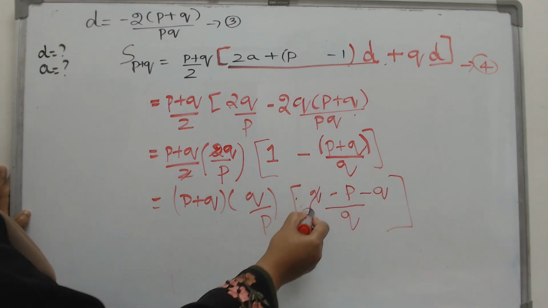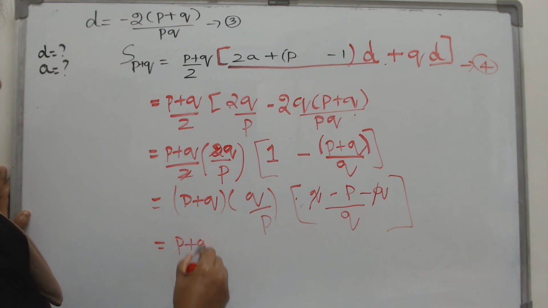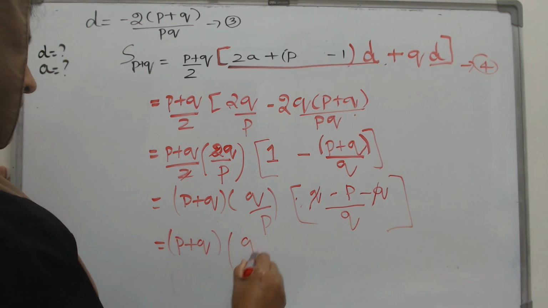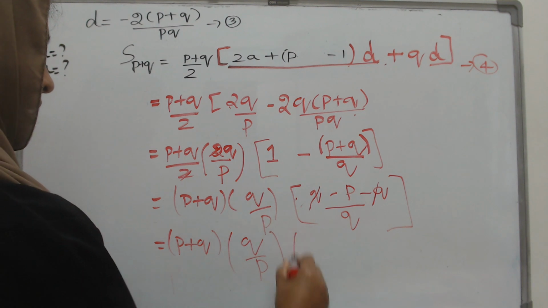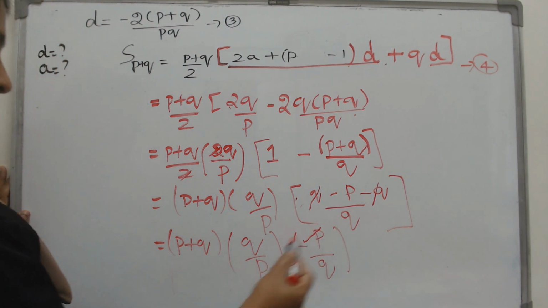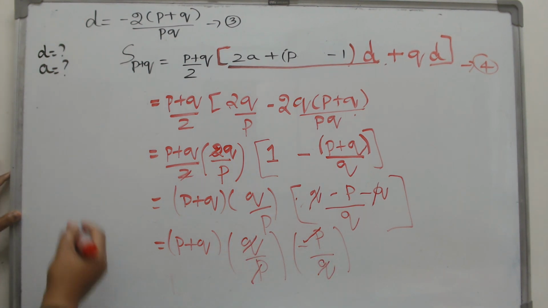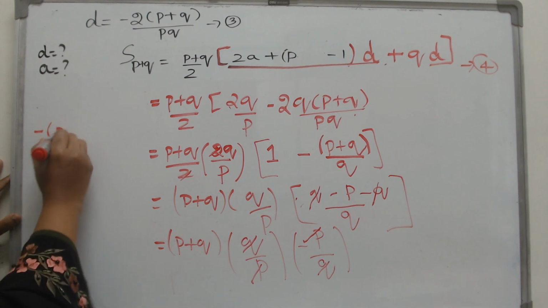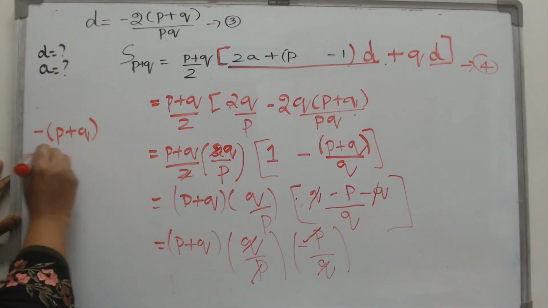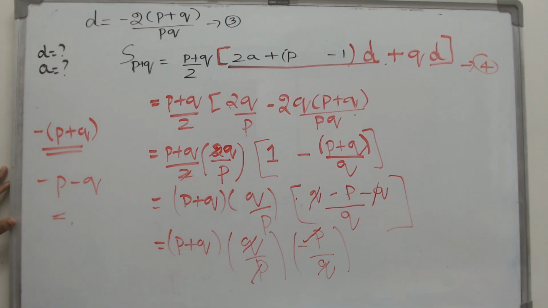A plus Q here, a minus Q here gets cancelled, and what are you left with? This term here, Q by P into minus P by Q. And then what do you see? A plus P, a minus P, a plus Q, a plus Q. So what are you left with? You are left with a minus P plus Q, or in other words, minus P minus Q. This is the answer that you are looking for.